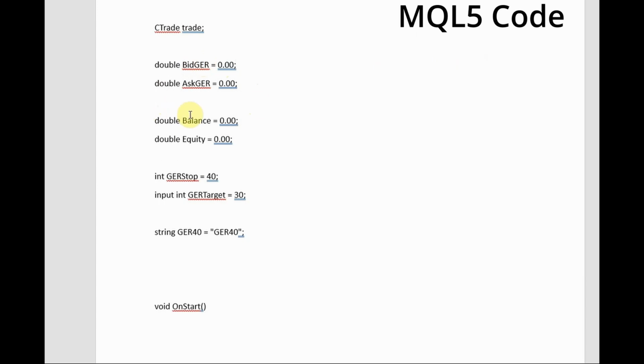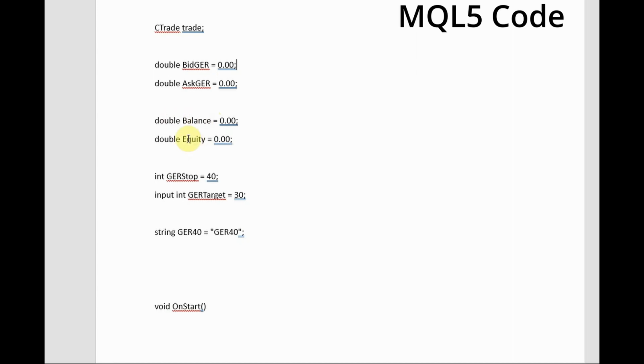We've got the double balance. So double is the type of information that we're looking for, and then the next word over to call a variable is basically just a word that I've made up to determine what I'm looking for.